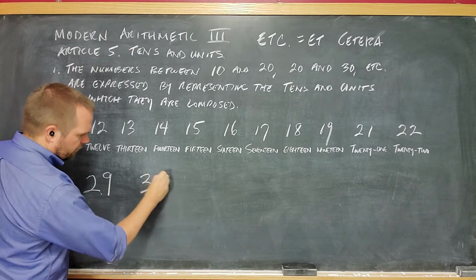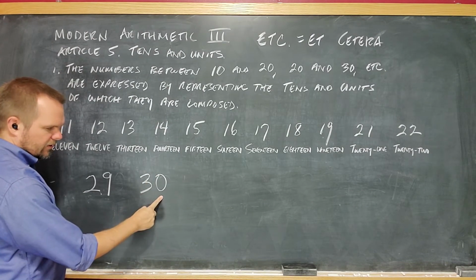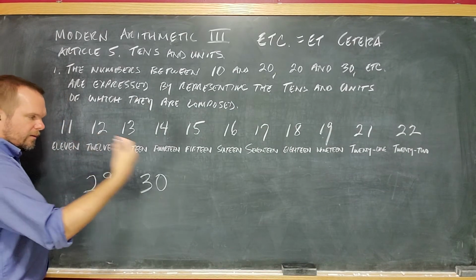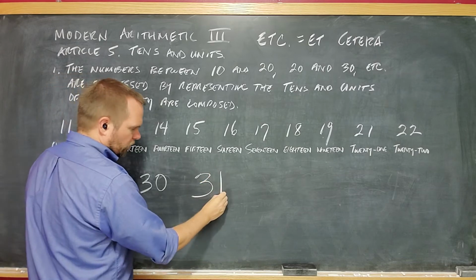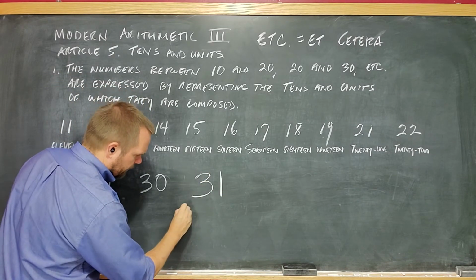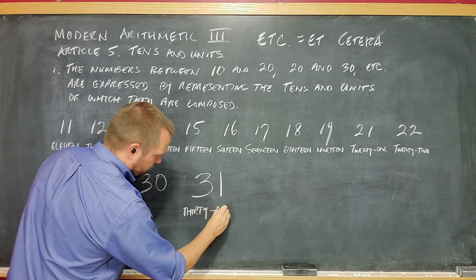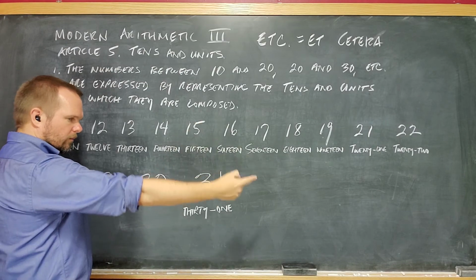So to write 30, we write 3 tens and 0 units. If we want to write 1 more, we write 3 tens and 1 unit. And that makes 31.